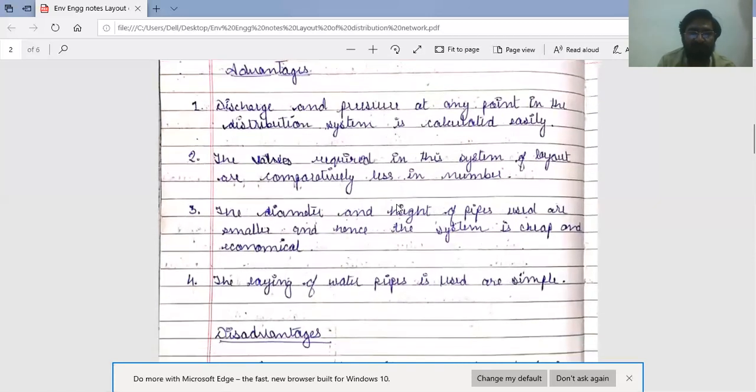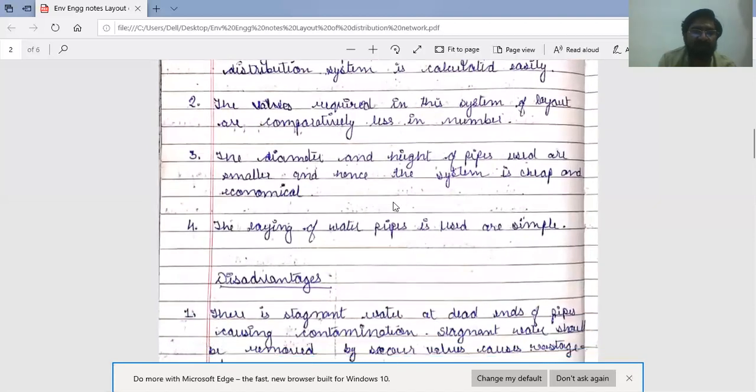The diameter of pipe used is smaller, and hence the system is cheap and economical.